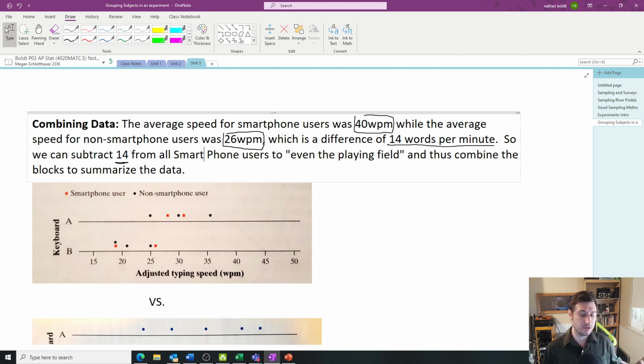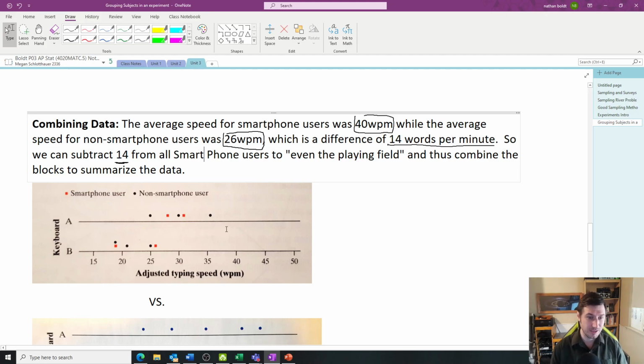We could have turned oranges into apples by taking the dumb phone users and adding 14. It's kind of like a golf handicap. I'm sure we all know about golf handicaps, right? I don't play golf. But that evens the playing field, so then we can actually combine the data.